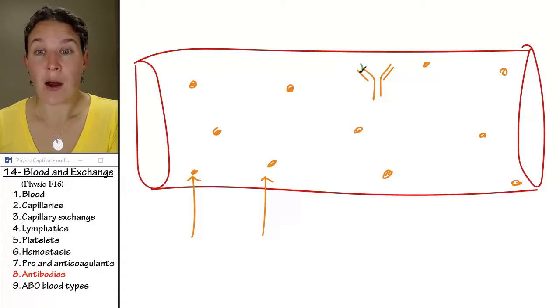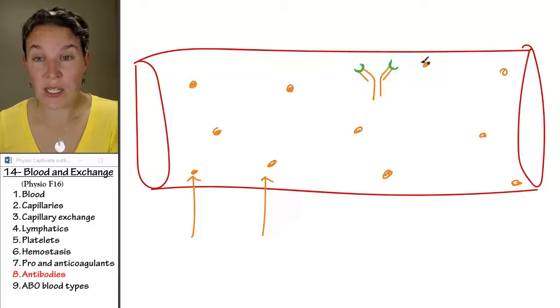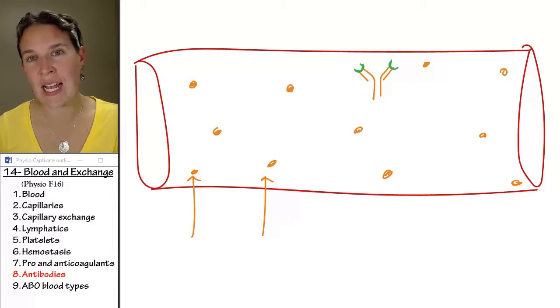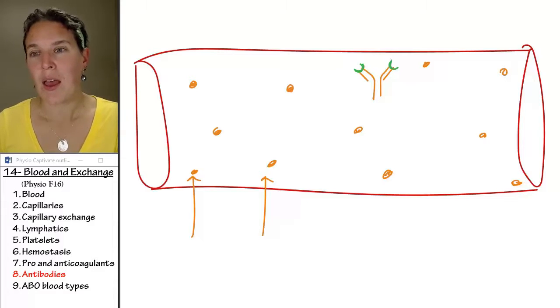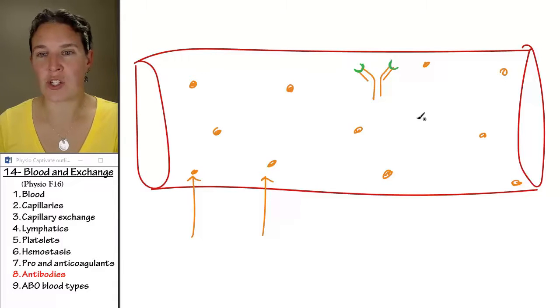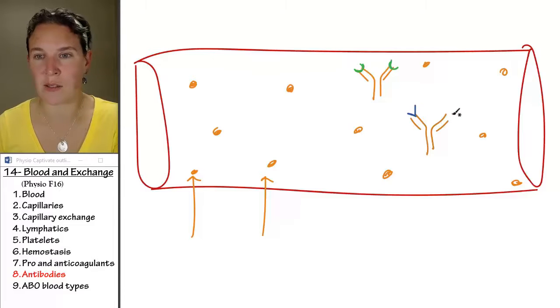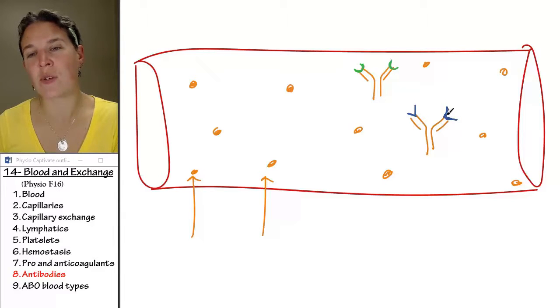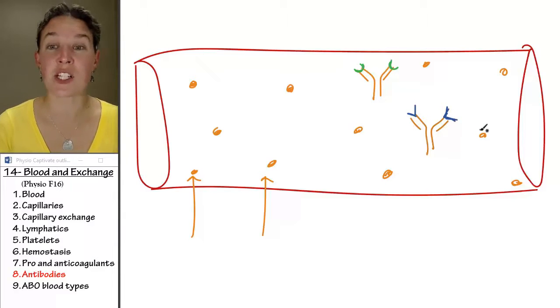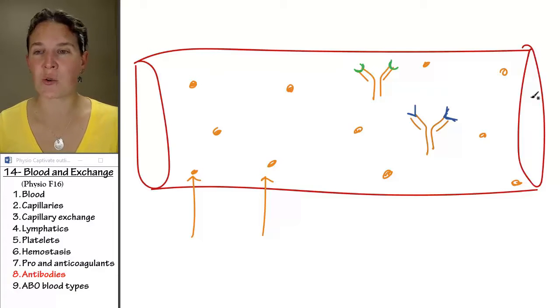Antibodies are unique proteins. They all have the exact same shape, except for this little part that I showed you in green. I'm going to make another one over here, and this one I'm going to make the little part look a little different in blue. These are the variable regions of an antibody, and the variable regions match up to an antigen.